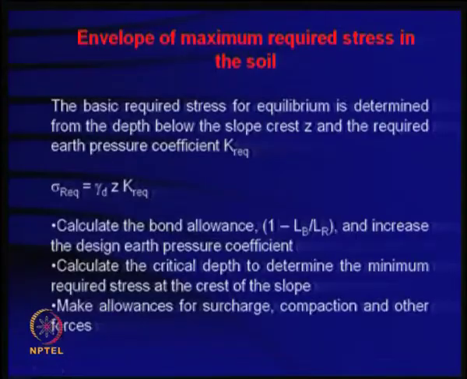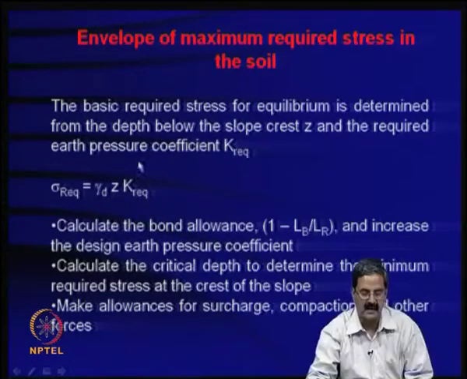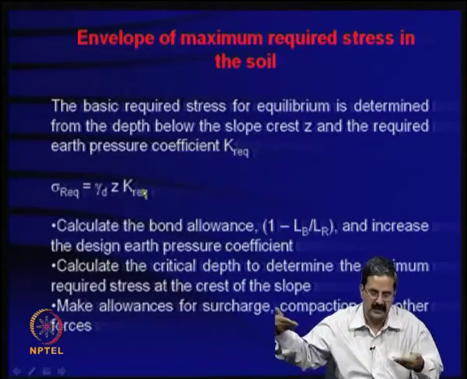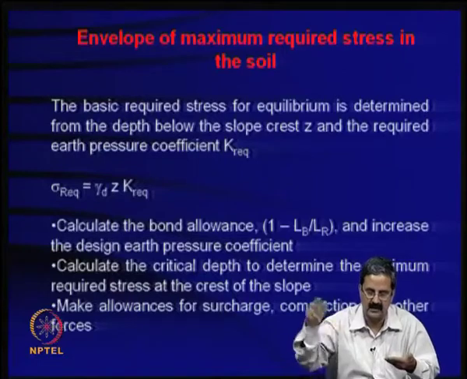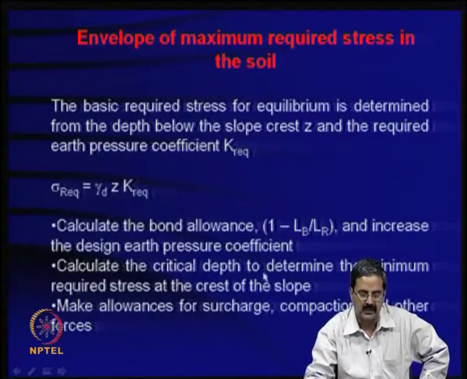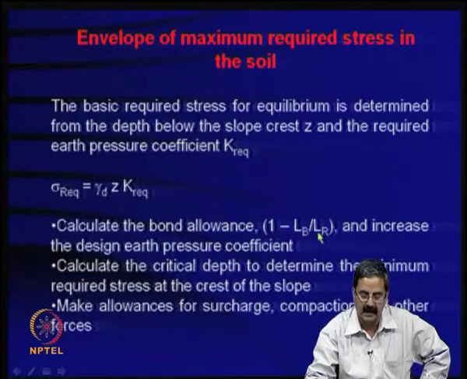All these earth pressures we assume are total force, and you calculate K required based on this, but K required should be a little higher. Why? Because the reinforcement is at some inclination with reference to the failure surface. To make that correction we use a factor 1 minus LB by LR and increase the design earth pressure coefficient.